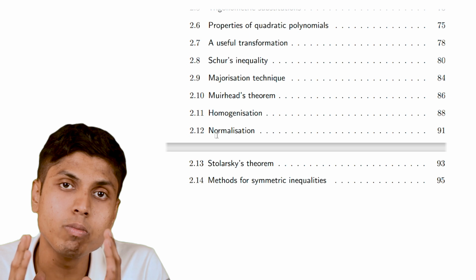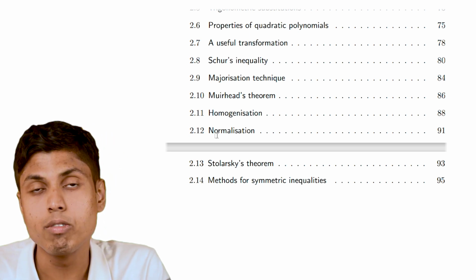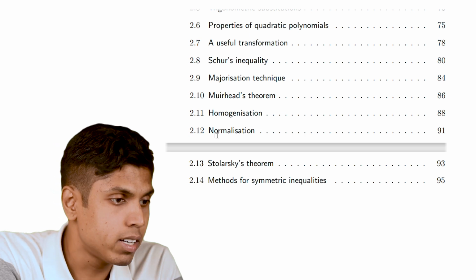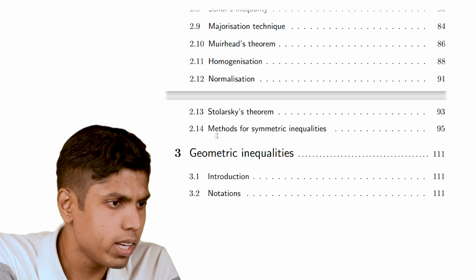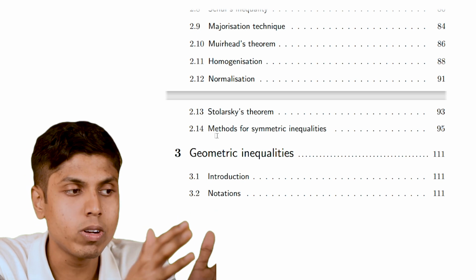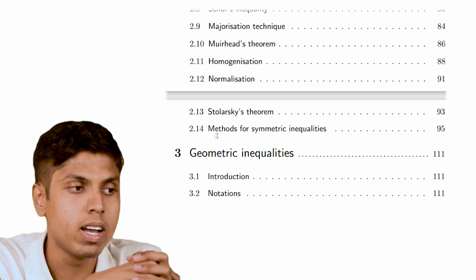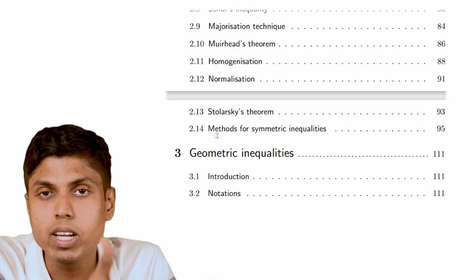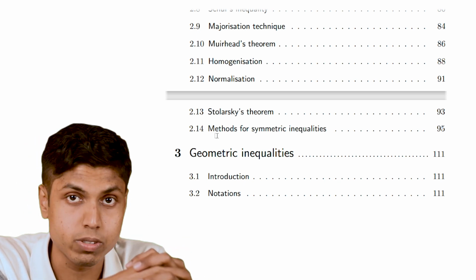Muirhead's theorem is one of the most important theorems for advanced inequality learners. Slowly we also learn to solve problems. Again, 3 to 5 problems are already solved, and you should take a look at the solutions to completely comprehend the approach.